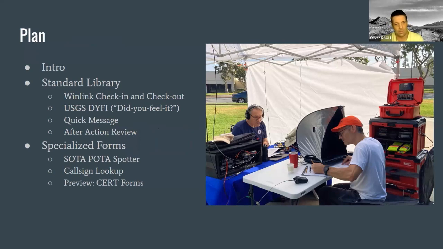I think the key ones: check in and check out Winlink, the quick message, and the after action review. It used to be the after action report; we're doing the after action review. I also want to point out specialized forms: SODA and PODA spotter by W1LMS, the call sign lookup, and then we'll do a quick preview on CERT forms. Any questions about the plan so far?